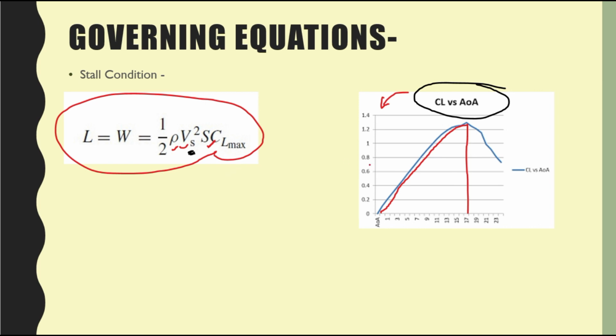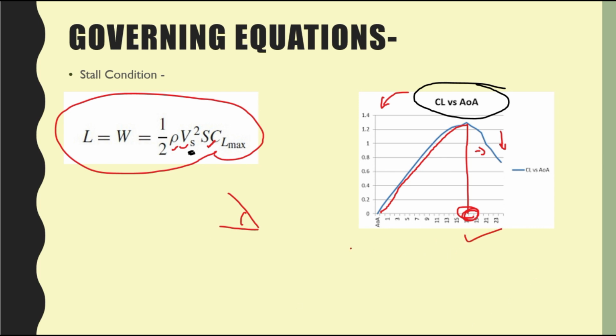Let's say we have tilted the plane till 17 degrees. This is the stall angle. Now after that, if I go to 18 or 19 degrees, the lift is going to drop. The angle of attack after which the lift starts decreasing, or the lift drops, is known as the stall angle.